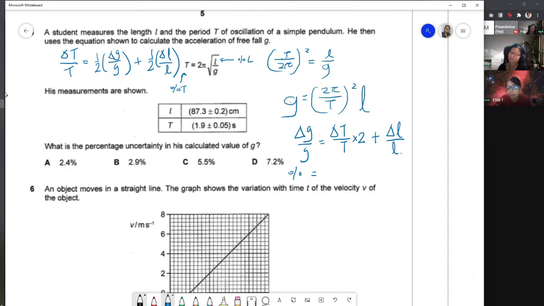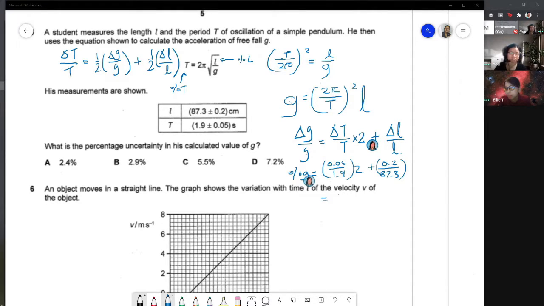Right? So this is our percentage uncertainty in g. We can substitute the delta T 0.05 over 1.9 times 2 plus 0.2 over 87.5. So if you do your calculation properly, it should be 5.49%, which is about 5.5.